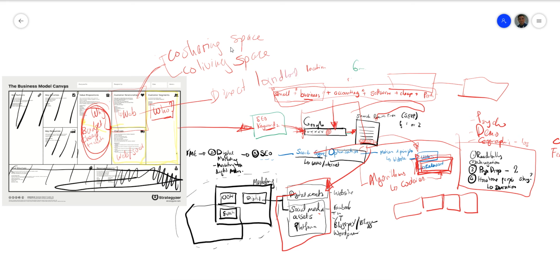So what's the difference? Co-sharing space, you are subscribing to a service where, let's say this is an office floor, you can rent a single room, another company rents another room, or you can rent a hot desk for one time, or on a monthly basis. You'll be sharing with the guy.